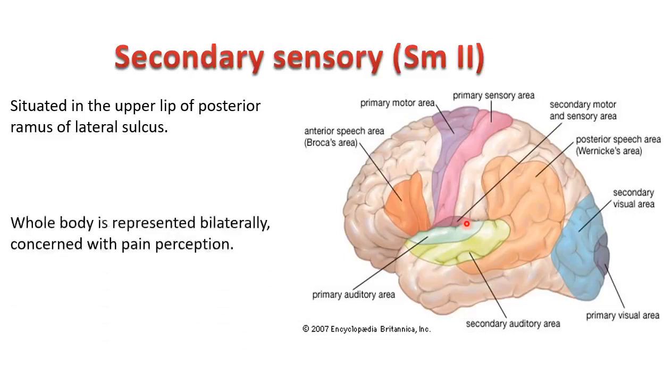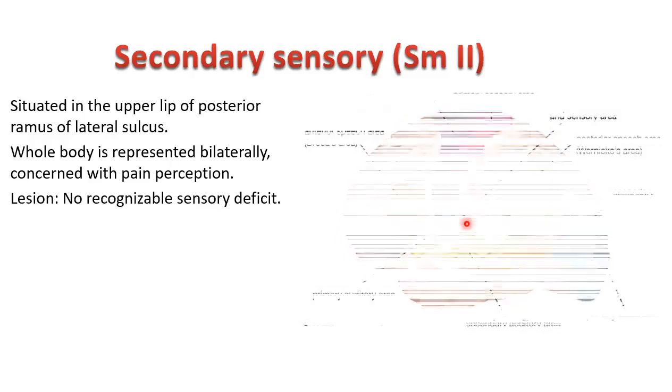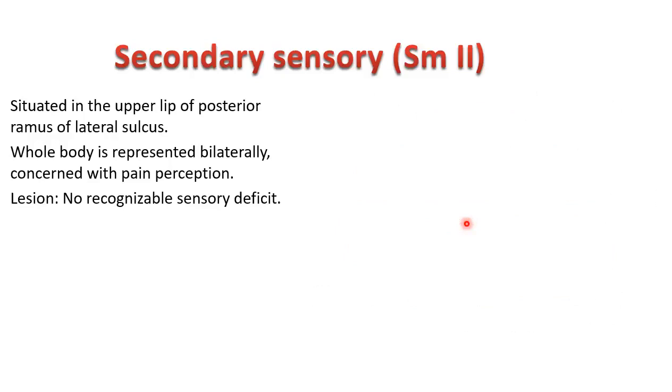The body is represented bilaterally, so both sides of your body are represented on both cortices. There is no recognizable sensory deficit, and this part is ablated, or destroyed, in cases of intractable pain. That is about the secondary sensory area.